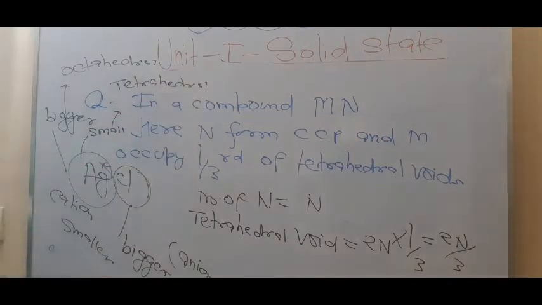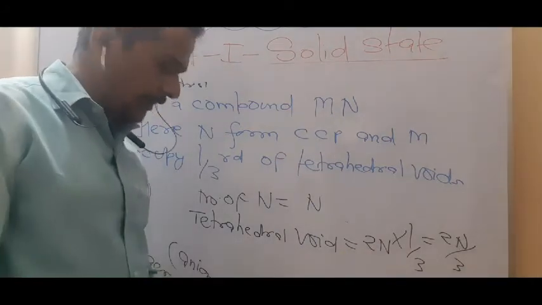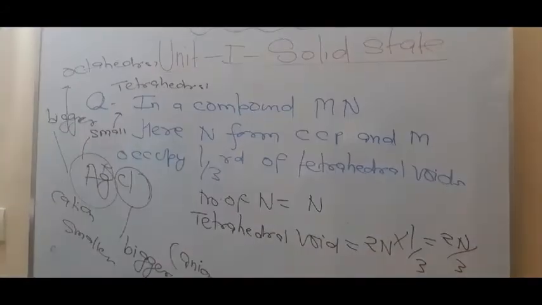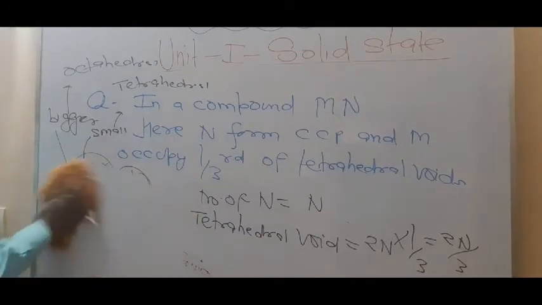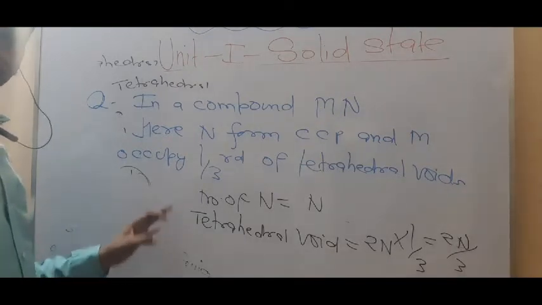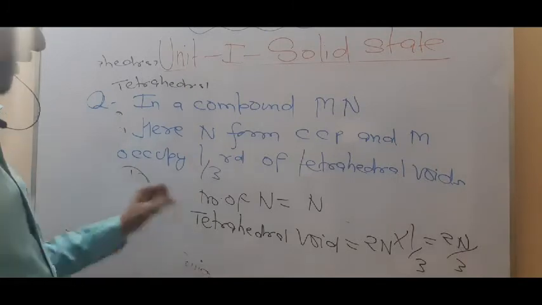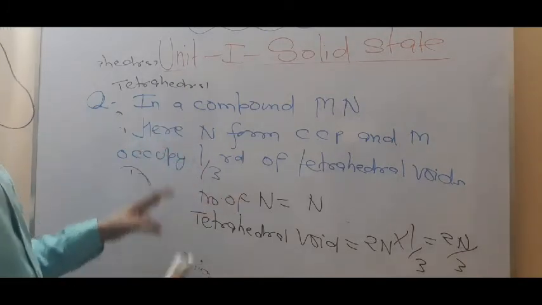One thing to notice here: in most cases the cations go to the voids. So here the voids are occupied by cations, that means M is cations and N is anions. Again listen: voids are of two types, tetrahedral and octahedral.